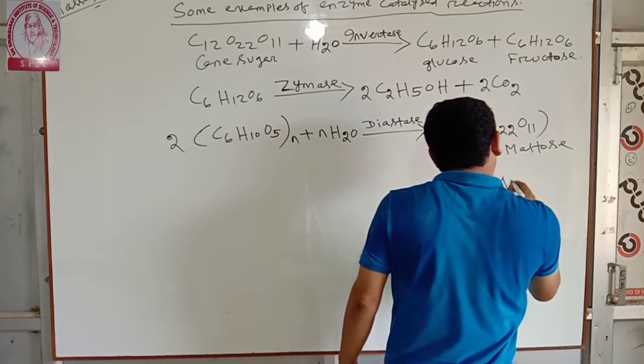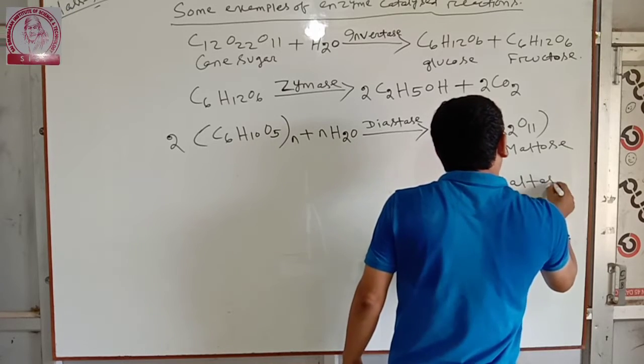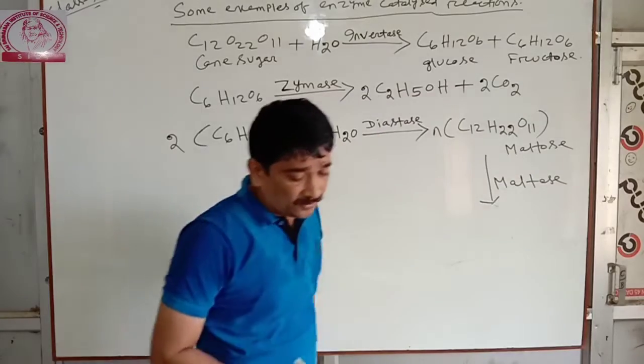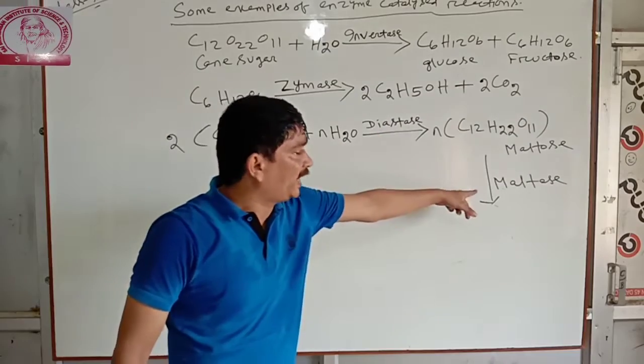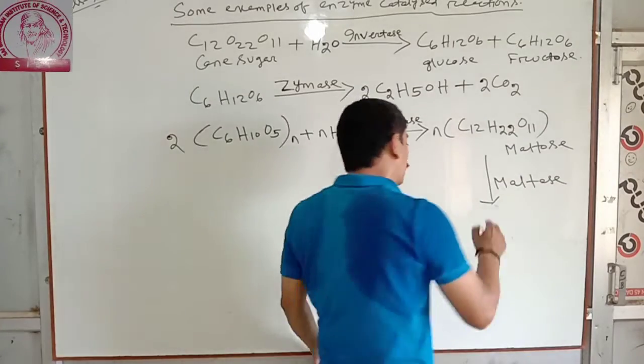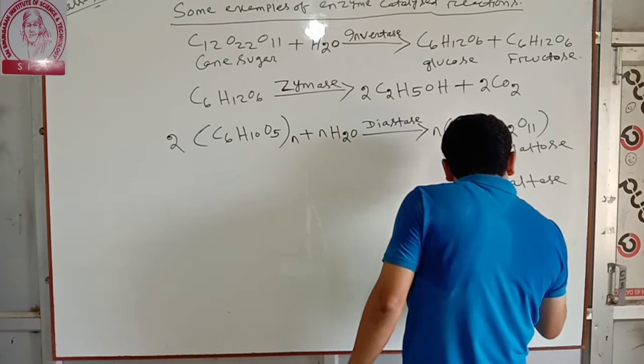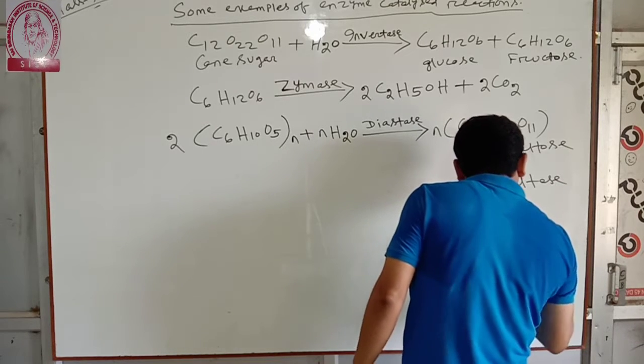Maltose in the presence of maltase enzyme converts to glucose. Glucose is C6H12O6.